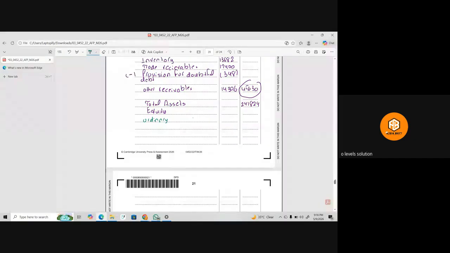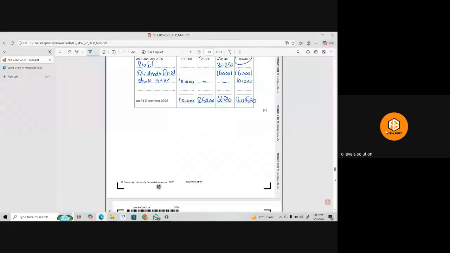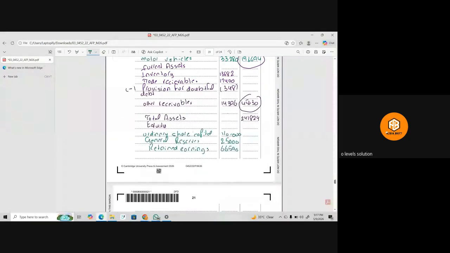That's why ordinary share capital is 110,000, and then we had the general reserve, this is 25,000, and then the retained earnings. And then the total was 201,590.